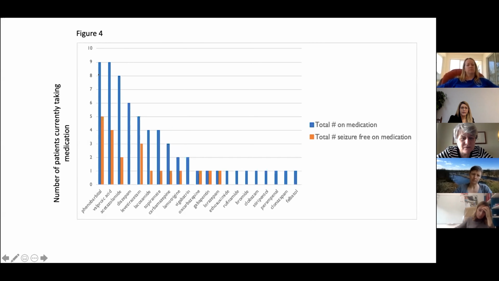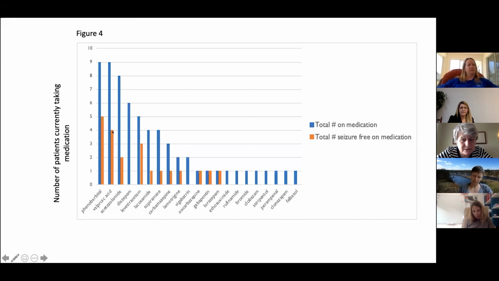And in fact, the orange bars show the patients that were seizure-free. So I use seizure-free as 1 or fewer seizures per year. And you can see that phenobarbital and valproic acid, and then Keppra or levetiracetam, also had some success in making kids seizure-free.